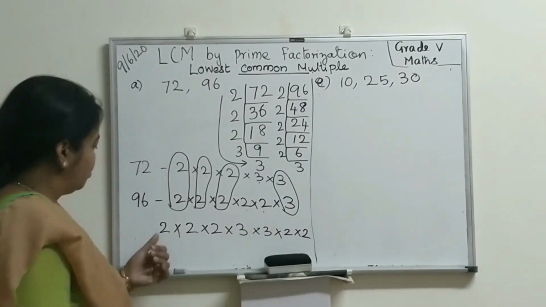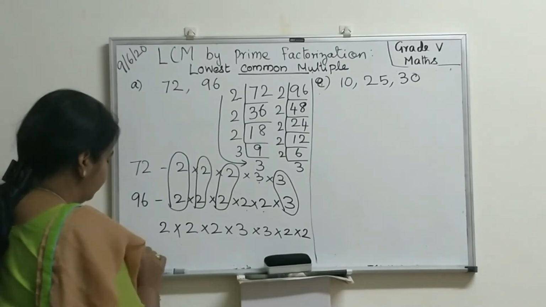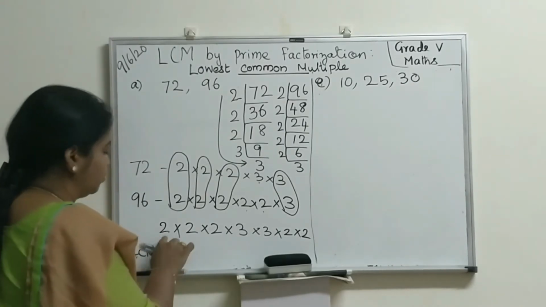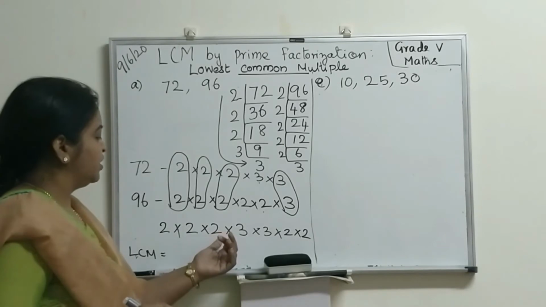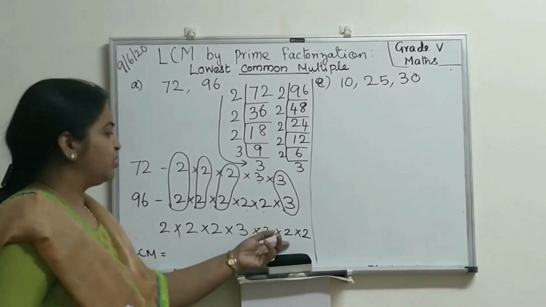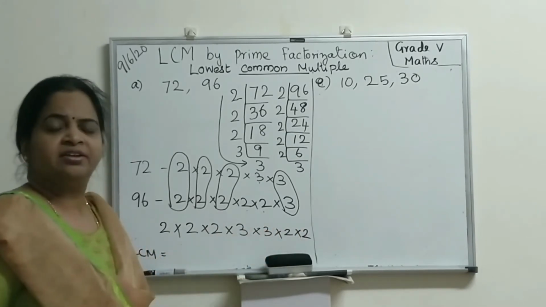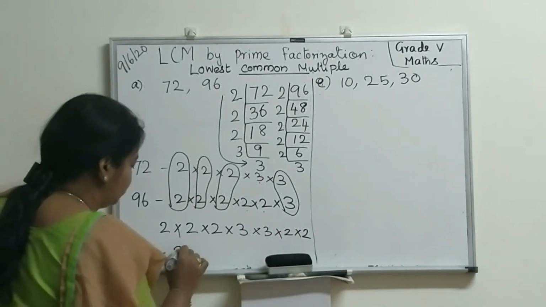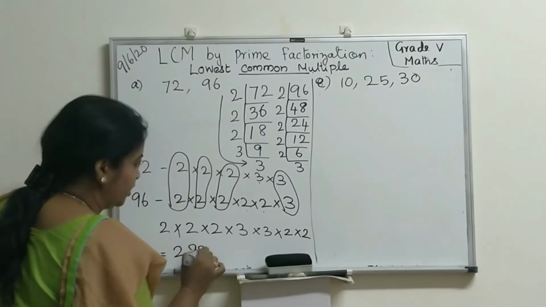Got it? So now LCM, how will you find? You have to multiply and write the answer. 2 2s are 4. 4 2s are 8. 8 3s are 24. 24 2s are 48. 288. Okay, 288.